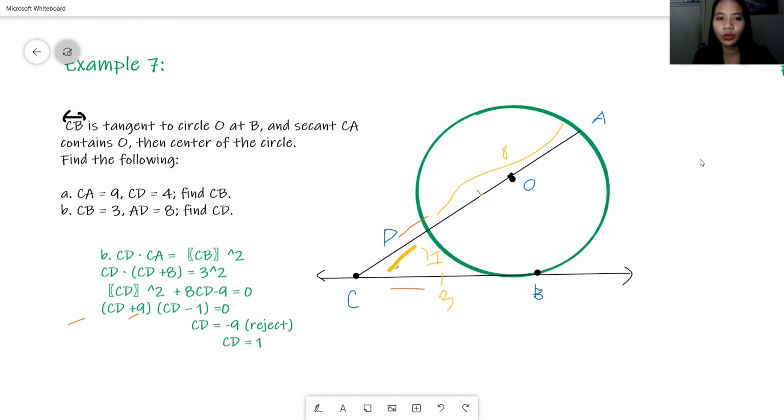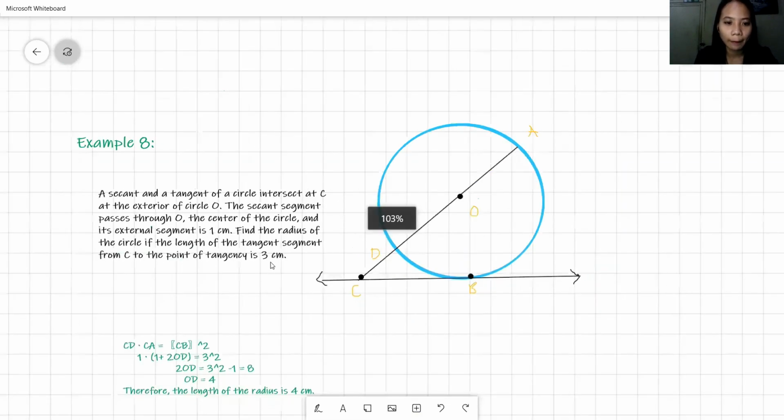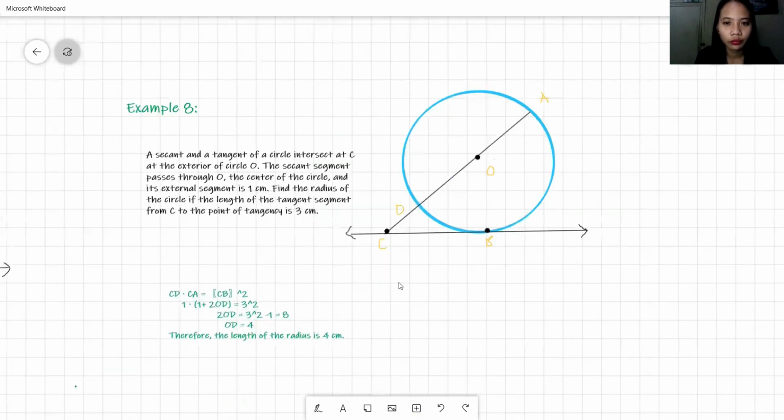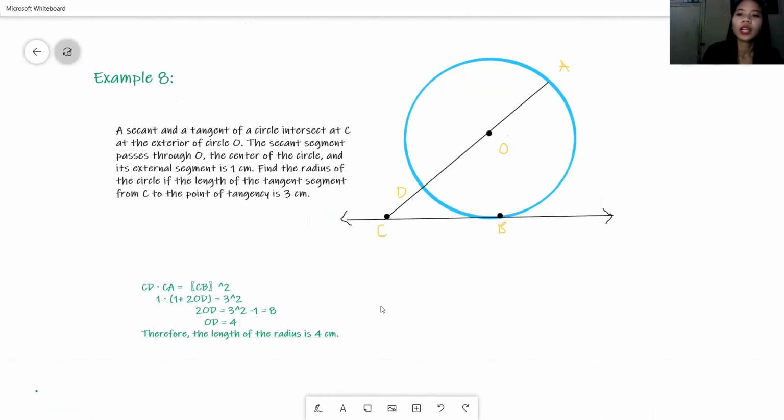Now let us proceed to our example 8. In example 8, we are using also theorem 20, which was already discussed by Ma'am Diane, and I already stated it in example 7.